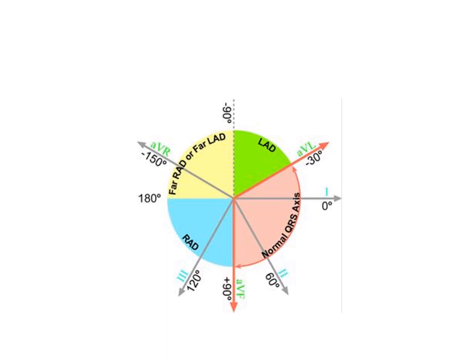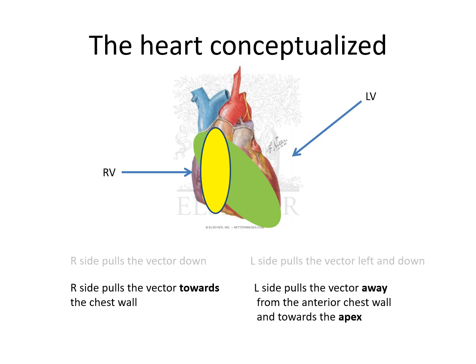So let's just clarify what we mean by right axis deviation. By that we mean anything where the vector of depolarization overall is more than 90 degrees, so more than vertically down. We can see why that is. Remember that our RV stands at the right side of the heart and goes essentially vertically down.